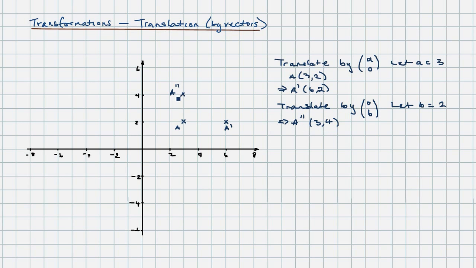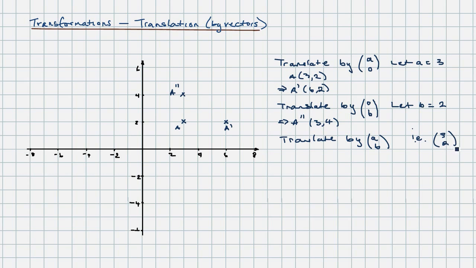Finally, let's combine our two vectors, so now we're going to translate by, well, let's just add them together. So a plus 0 is a, and 0 plus b is b. That will give us a translation vector of, say, 3, 2.